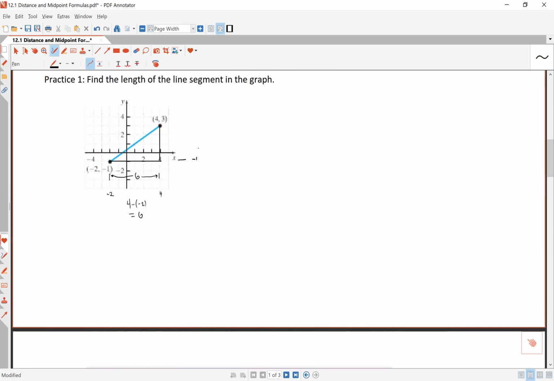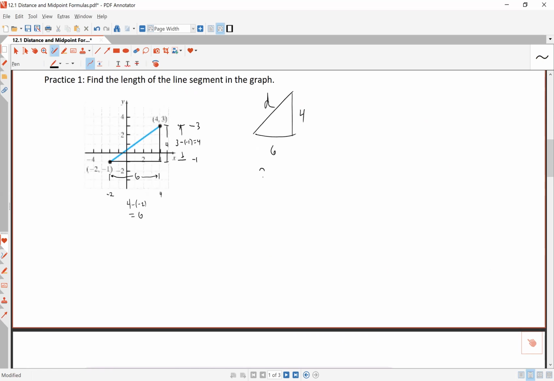From -1 up to 3, that side has a distance of 3 minus -1, which is 4. So our right triangle has an A value of 6, a B value of 4, and we want to know what the distance is between these.